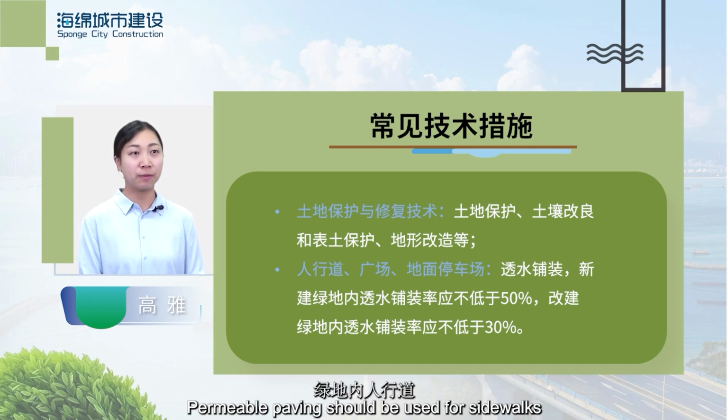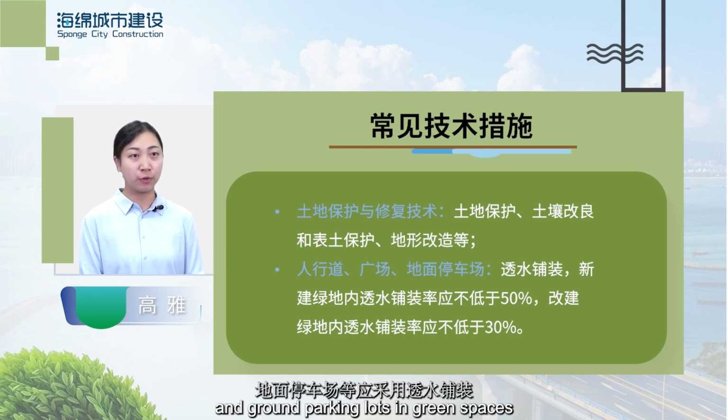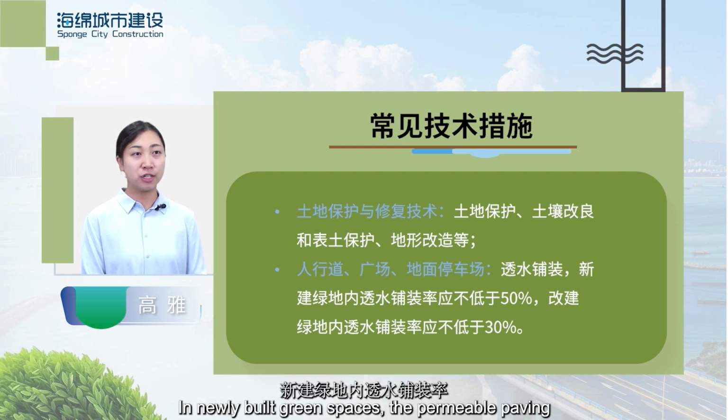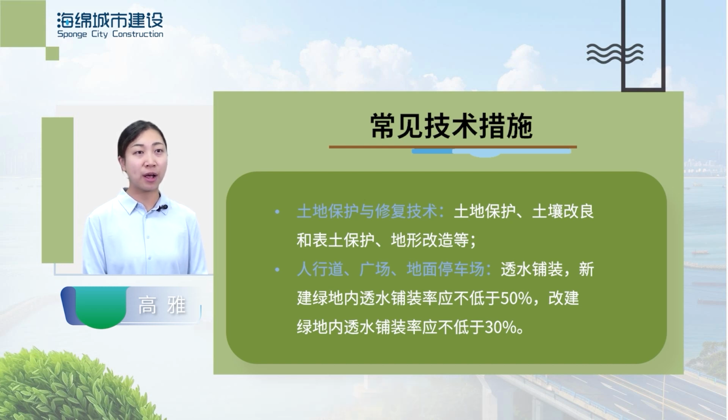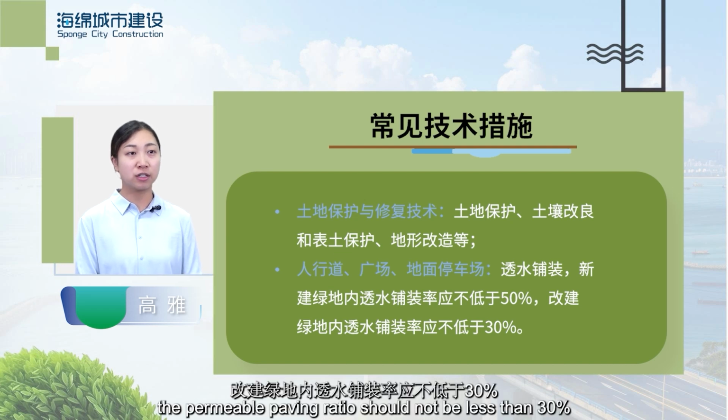Permeable paving should be used for sidewalks, squares, and ground parking lots in green spaces. In newly built green spaces, the permeable paving ratio should not be less than 50%, and in renovated green spaces, the permeable paving ratio should not be less than 30%.